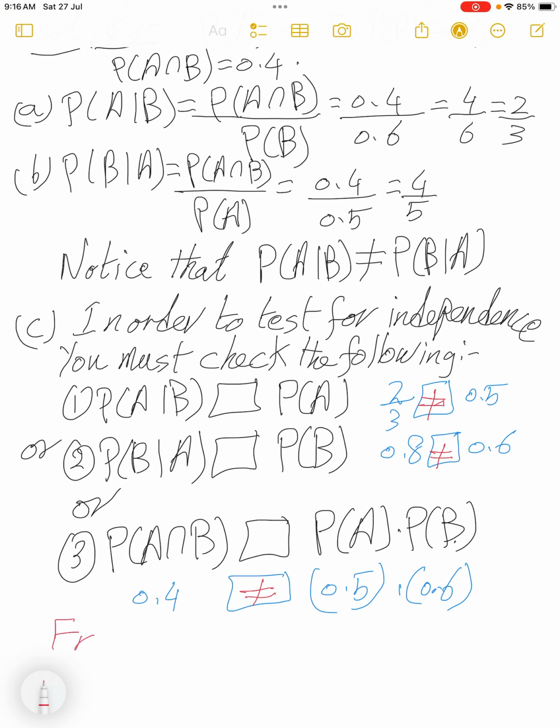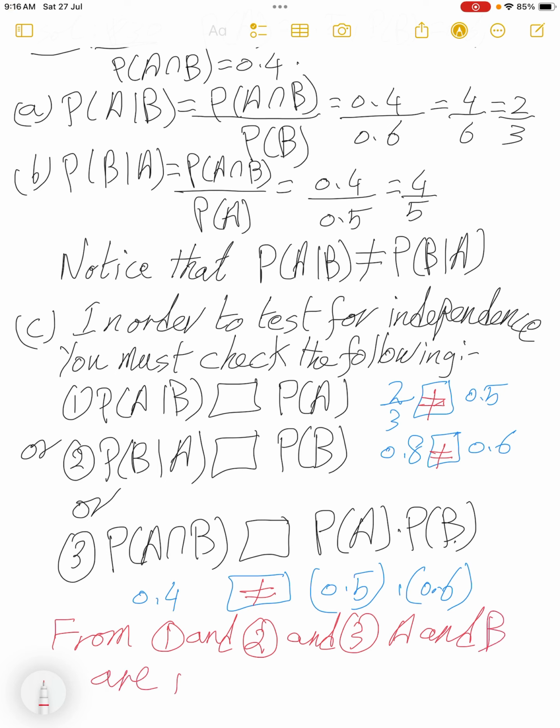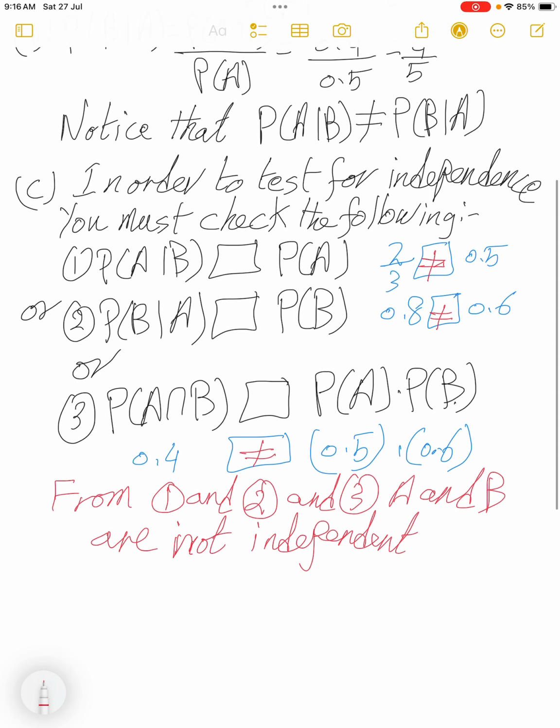From 1 and 2 and 3, A and B are not independent, or they are dependent.